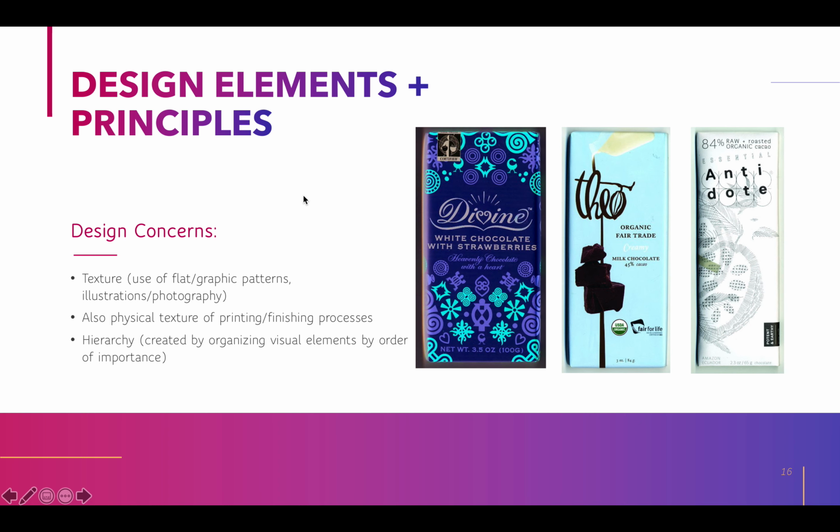lovely little soundtrack. Also thinking about, again, those attributes: 80% raw, roasted organic, cocoa, and then again, the grouping of elements and hierarchy, right? So here, this is divine. We can clearly tell that that is supposed to be the name and the brand. And then pairing that with this serif that looks really nice and regal.